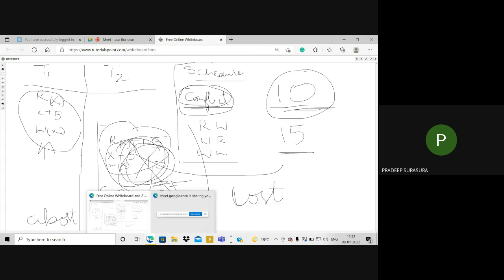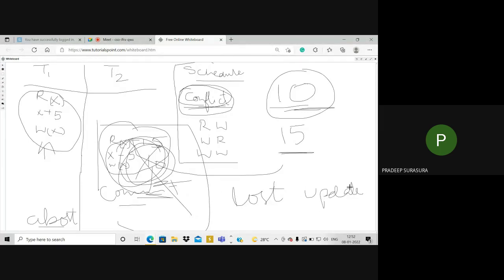So please remember, the main intention of showing these things is when to use commit and when to use abort. According to me, the moment I execute one write transaction, there should be a commit or abort. Now this is the lost update problem.